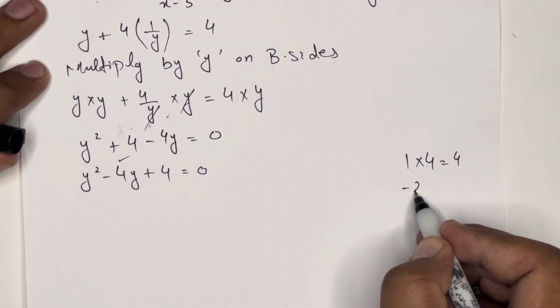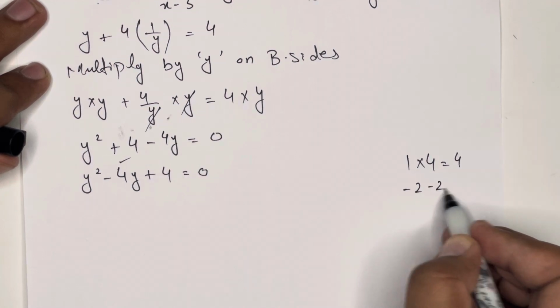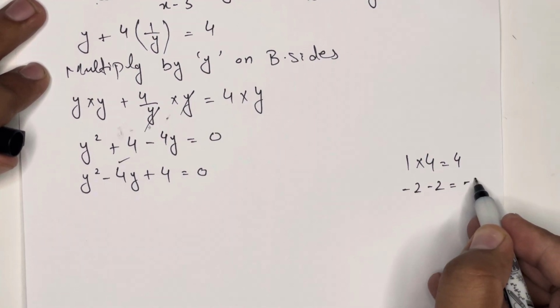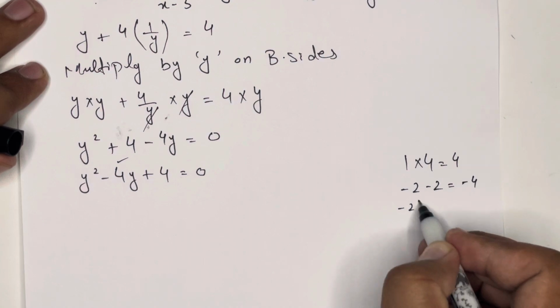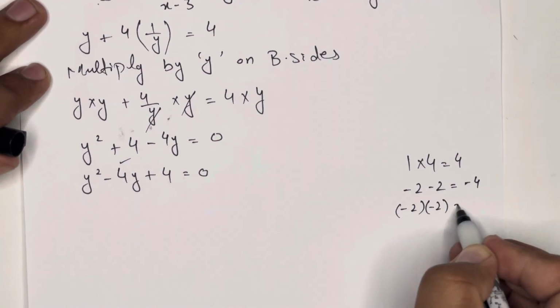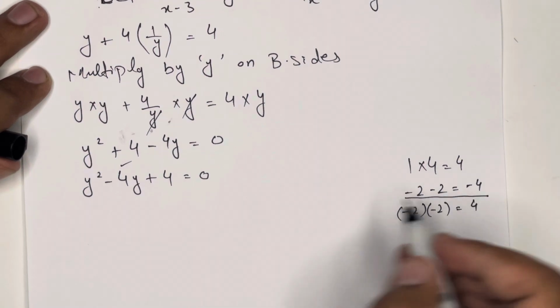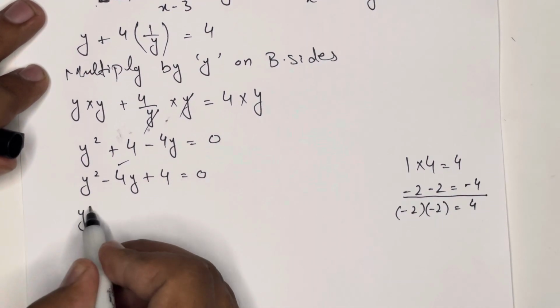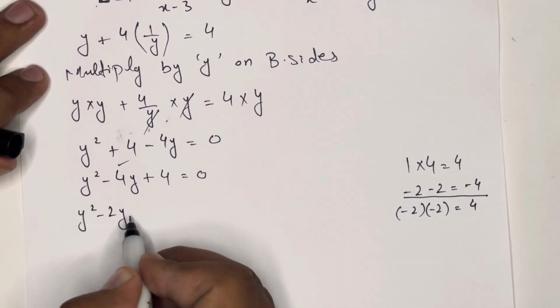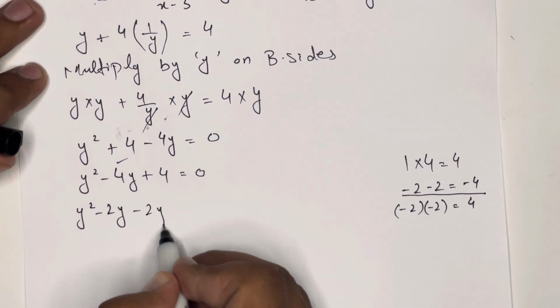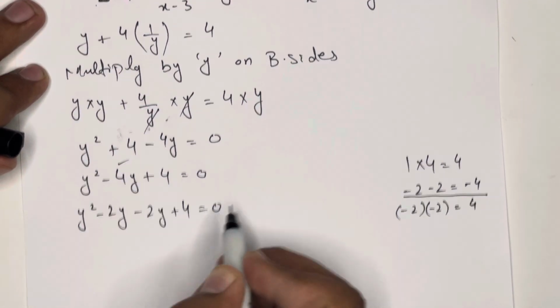So the accurate terms are minus 2 and minus 2, and when I multiply these two terms I get 4. So the right factors will be minus 2. So I can write y square minus 2y minus 2y plus 4 equal to 0.